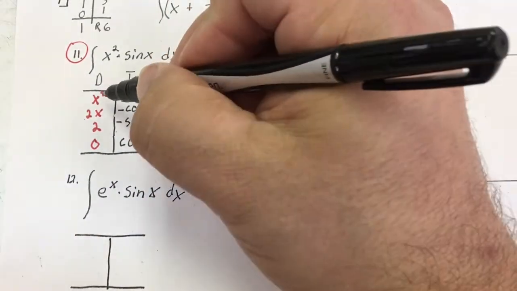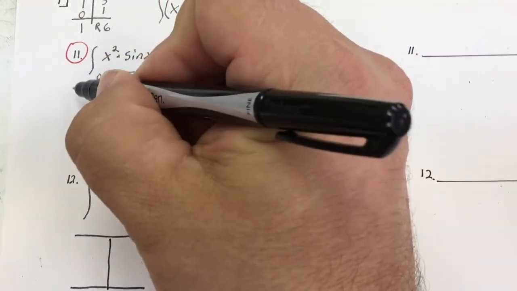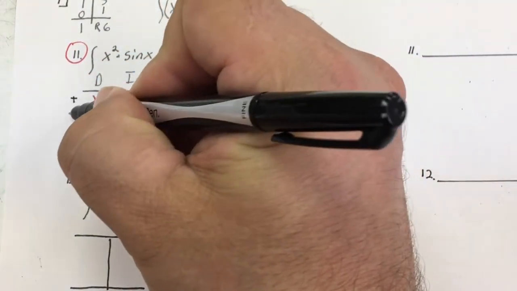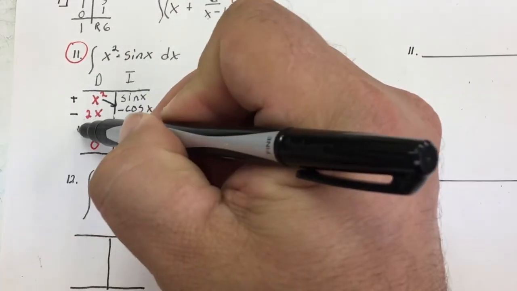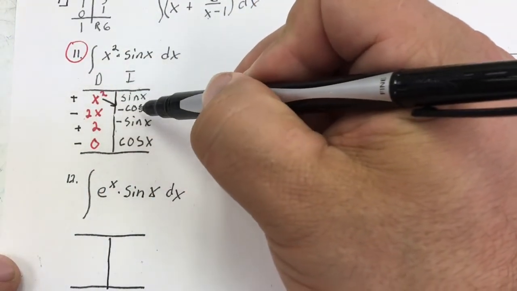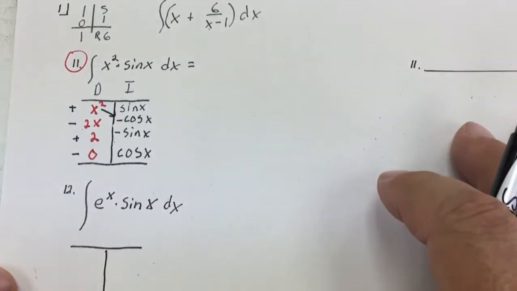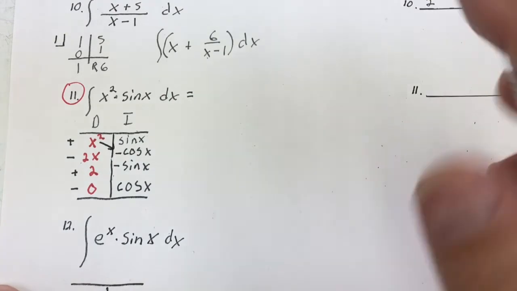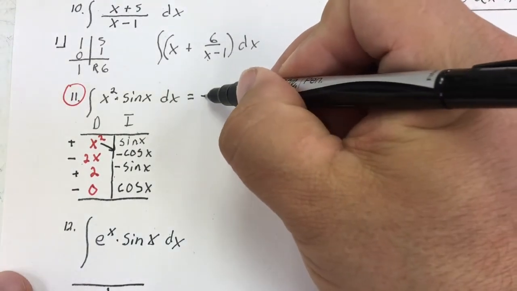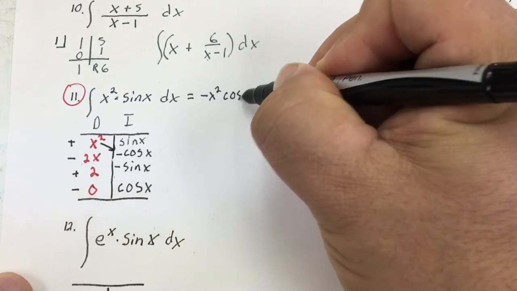Now, the diagonals are the answers, but before I do that, I have to alternate a plus, minus, plus, minus. So it's going to be positive x squared times negative cosine x. So my integral is going to be negative x squared cosine x.